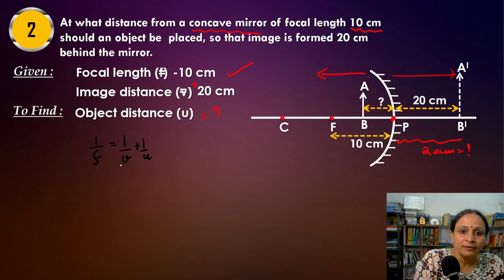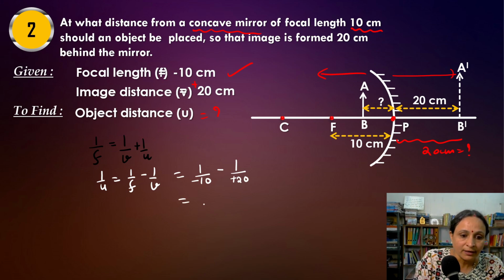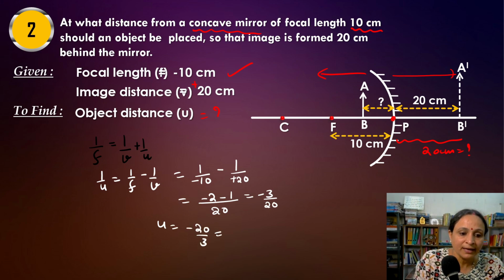What we have to find is 1 upon U. So 1 upon U is equal to 1 upon F minus 1 upon V, that is 1 upon minus 10 minus 1 upon plus 20. The LCM is 20, so it's minus 2 minus 1, equal to minus 3 by 20, or U is equal to minus 20 divided by 3.